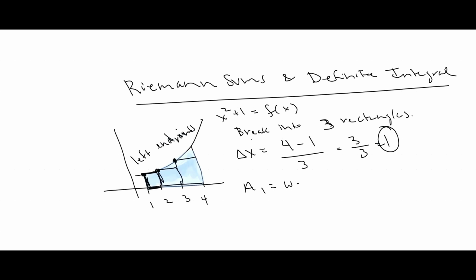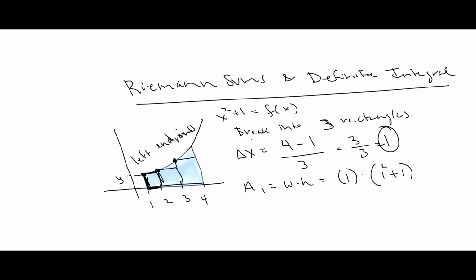But if you notice, the height on this rectangle is just my y value here. So how do I get this y value back? I plug in this 1. So it's going to be the width of the rectangle, which we found was 1, times the height, which means we're just going to plug in a 1 into our function. This was our function.